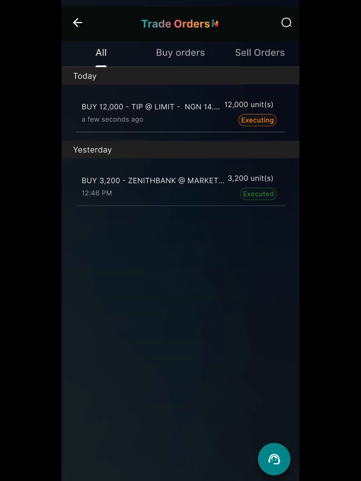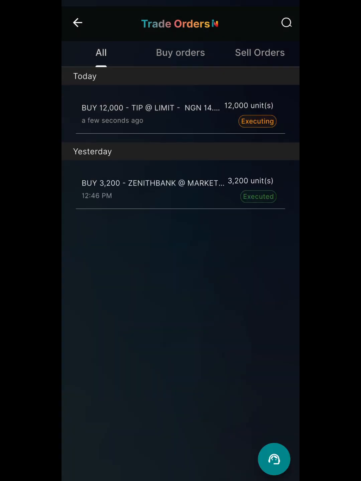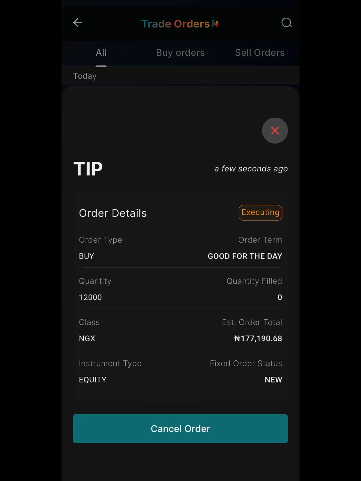So it's executing at the moment. It hasn't executed. This execution might take hours, it might take minutes, we don't know how long. It's just going to be executing until the market closes today.